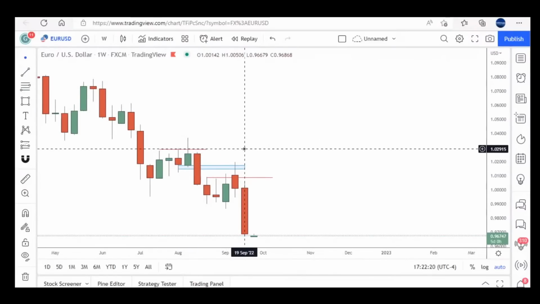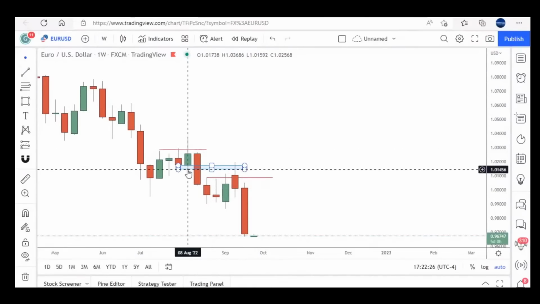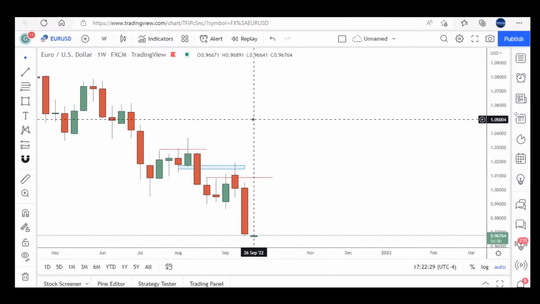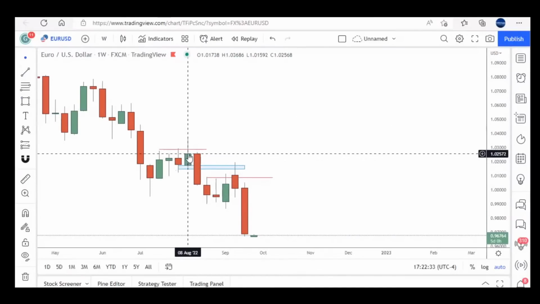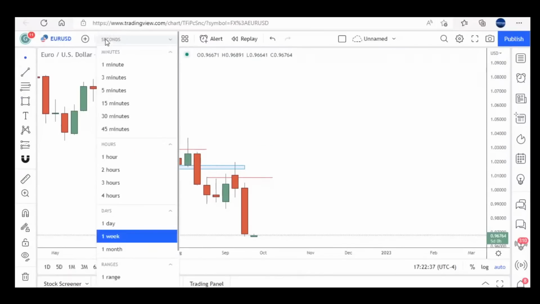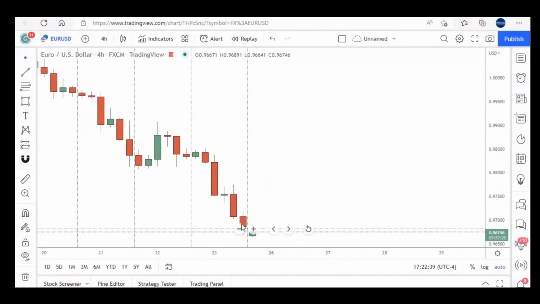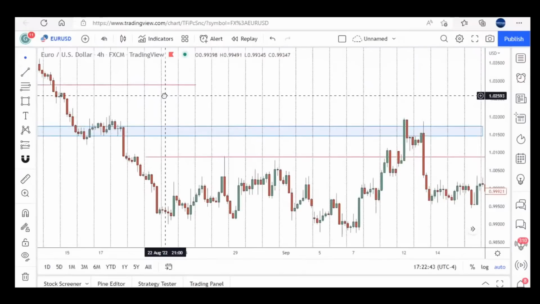In order to get a refinement entry on that, you can dig down inside of your order blocks and you're going to see the same concepts that we've been talking about. Like, let's say this weekly green candle, which is the weekly order block. Let's say we dig down inside of that candle and we found another lower time frame order block inside of that.